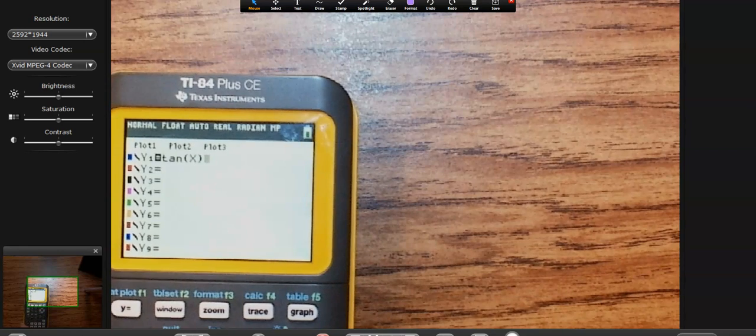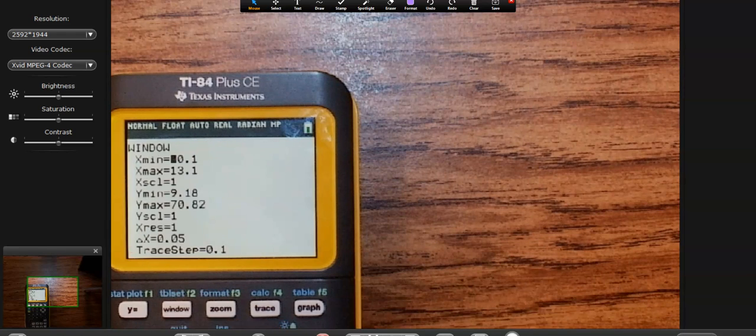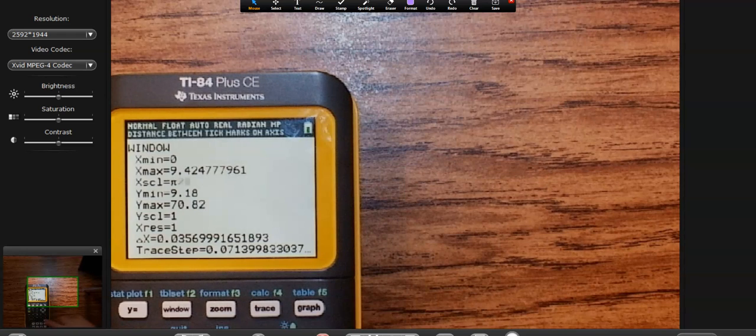So could we have graphed this? What window should I set up? What do you think would be smart? 0 to 3 pi? Sure, that's fine. Now I will tell you 0 to 3 pi is more than I need, but it'll work. And my x scale, let's go pi over 2 just so kids aren't confused.